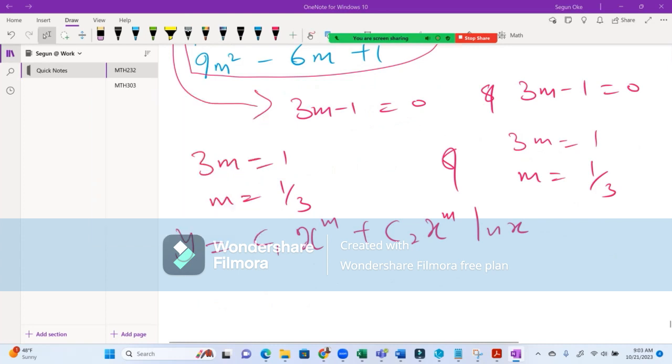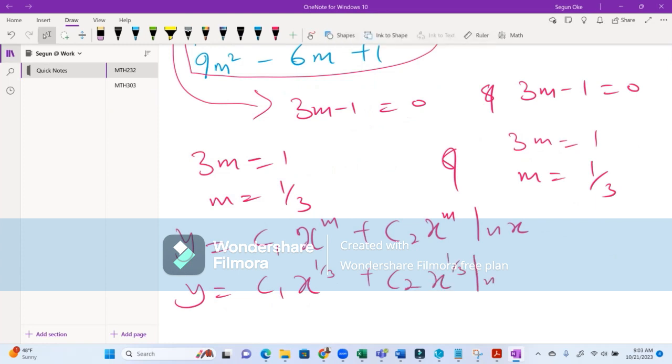So you have y equals C1 e^(x/3) plus C2 e^(x/3) ln x. That's certain. So that's the answer for this.